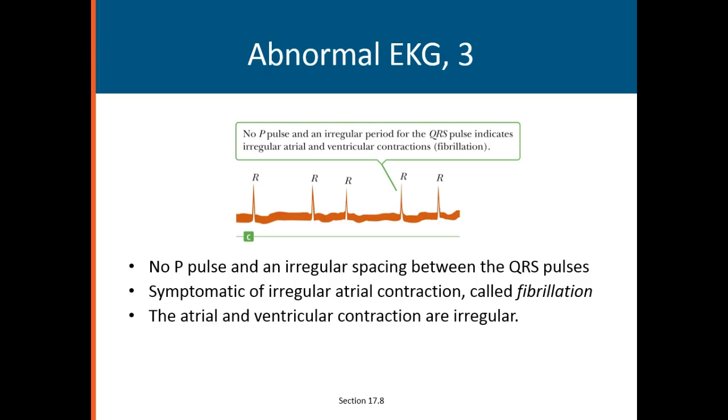That's called fibrillation. The atrial and ventricle contractions are irregular, and this is what they sometimes call AFib. What they sometimes do to remedy that is shock the heart with the paddles. You've seen that, you know, the body jumps, and that gets it back on a regular pattern.